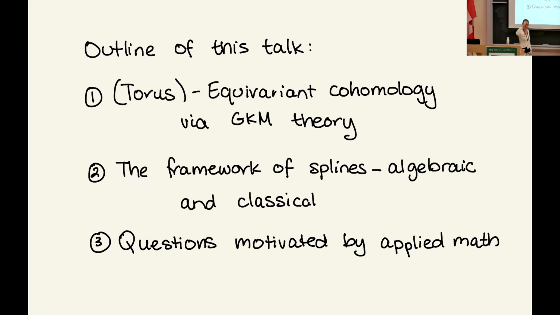So the second part will be talking more about splines and comparing some of the things that we think about in the context of this conference versus another sort of conference. And then three, we will talk about some questions, though some other ones will come up as we go.